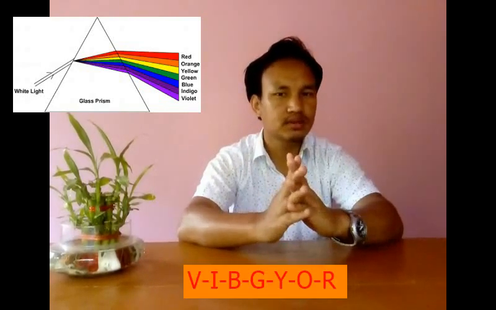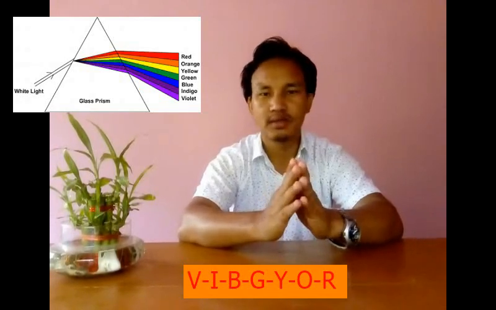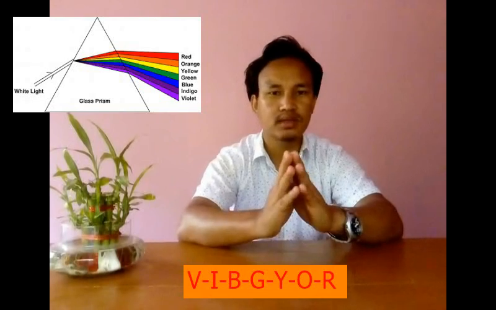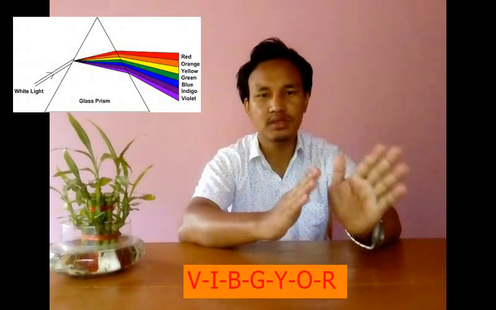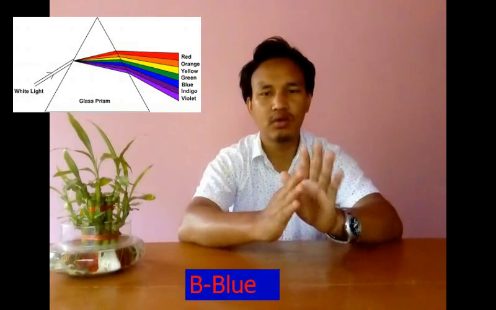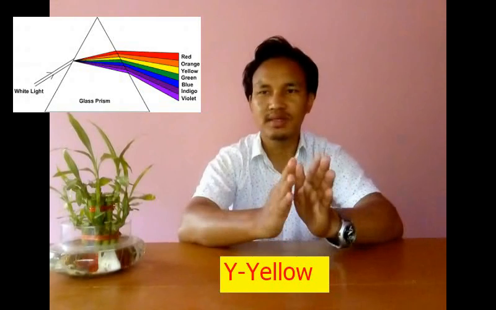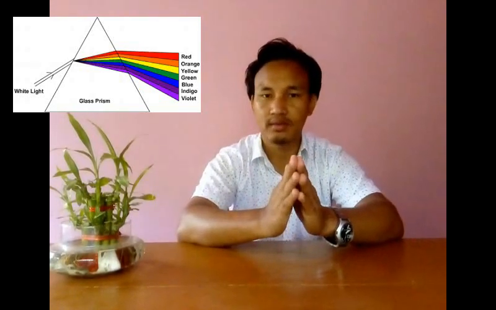These colors are violet, indigo, blue, green, yellow, orange, red. You can simply remember the acronym VIBGYOR. These are the components of our white light.